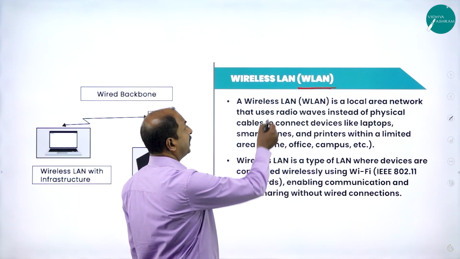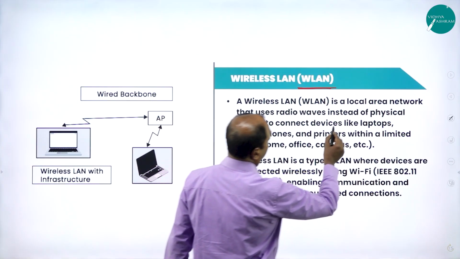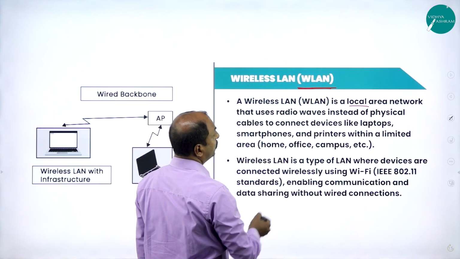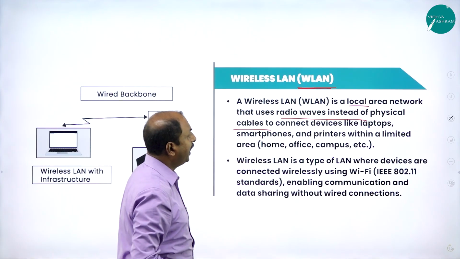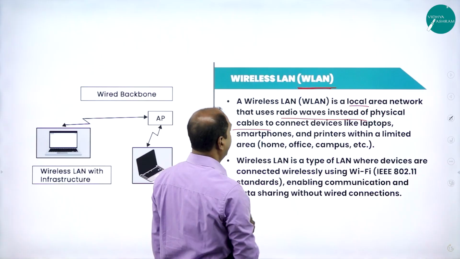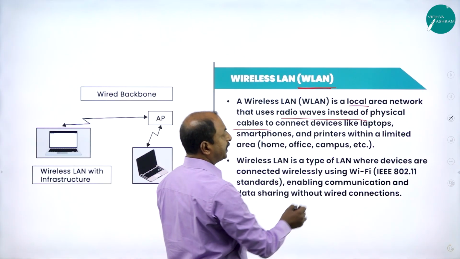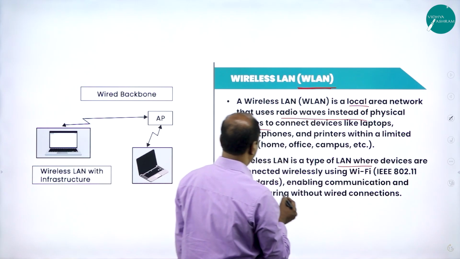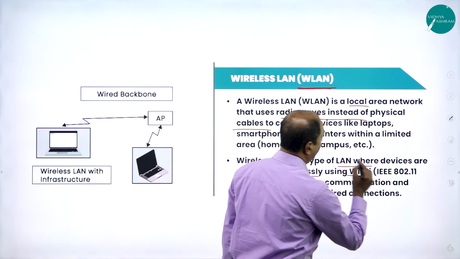Now let us see the definition of wireless LAN. It is a local area network and it uses radio waves instead of physical cables to connect devices like laptops, smartphones, etc. This is the definition of wireless LAN. It is a type of LAN where devices are connected wirelessly using Wi-Fi technology.